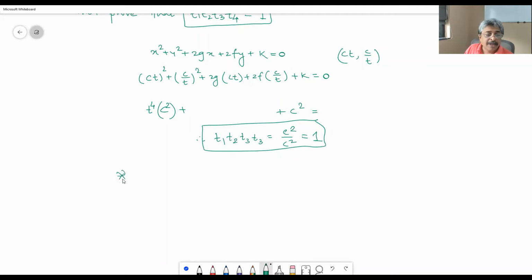Then prove that CP1 square plus CP2 square plus CP3 square plus CP4 square is equal to 4r square, where r is the radius of the given circle.